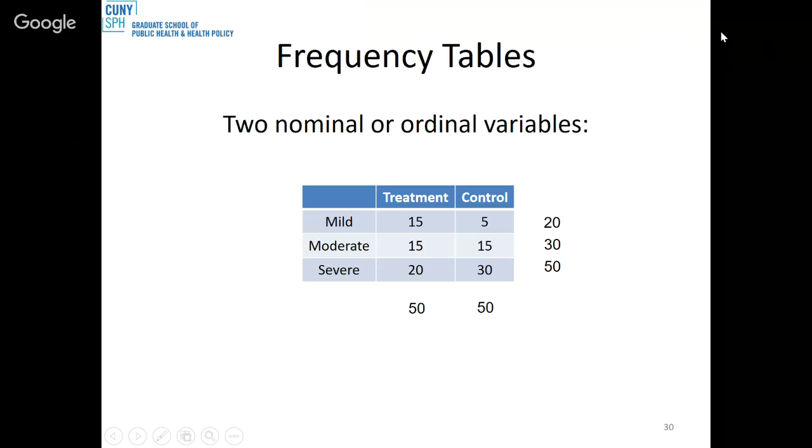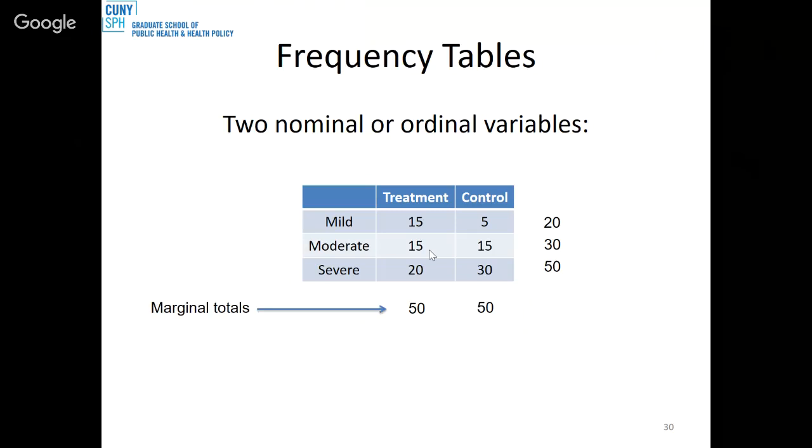This is what I call a two-way frequency or contingency table. And I call it two-way because we are dividing our observations up by two variables at the same time. So I'm dividing it up both by the treatment group and the reported severity of pain, and just counting the number of observations in each cell of this 2x2 table, or this crosstabs, according to SPSS language.